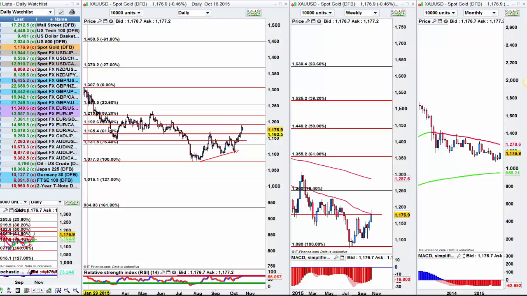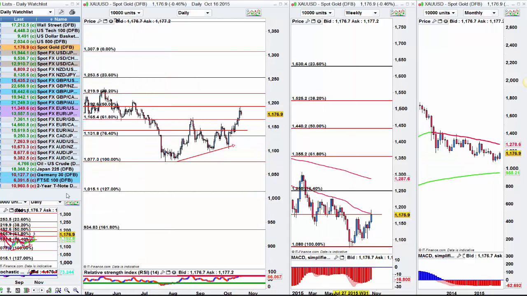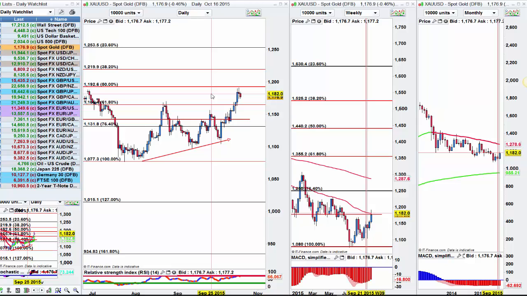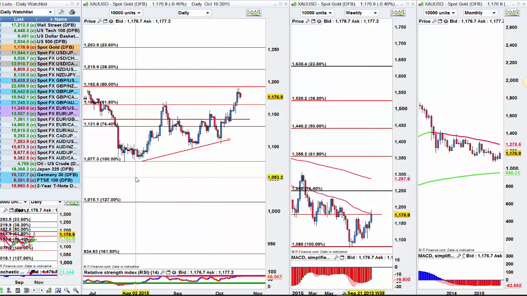In fact, I think we may get a full retest of the 50% there. Sorry, we haven't done a proper retest yet. No, 1192 is the 50%. We're still inside Wednesday's range. I think we might creep higher, somewhere 1180, 1195, and then see the leg down.